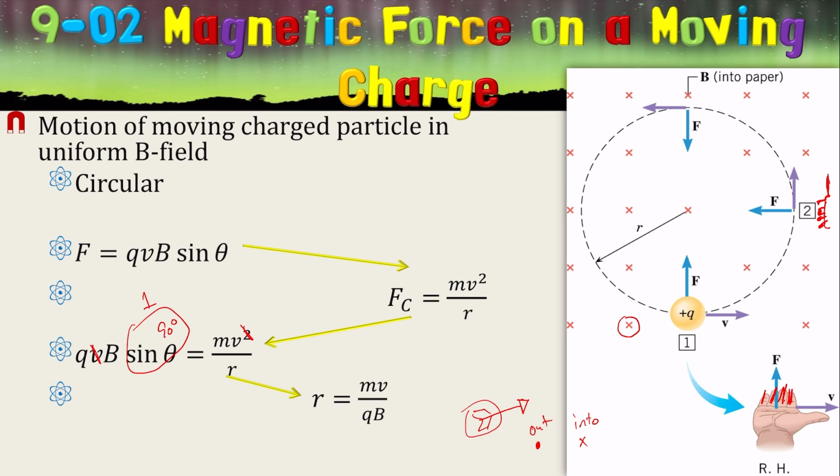Your thumb would be pointing up, so the force would be going towards the left. And so it just keeps bending around. That force keeps going towards the center of the circle, which causes the particle to change direction and go in a circular path.